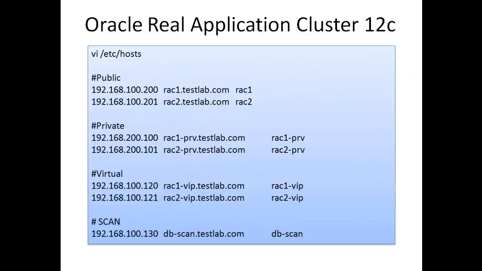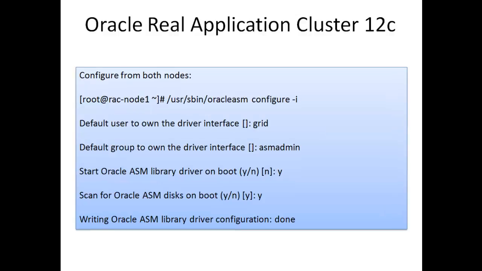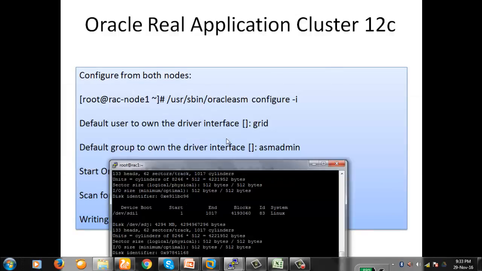We also configured ASM storage into our server and discovered the ASM remote disk, which is in OpenFiler. We discovered the disk devices and created primary partitions for those devices. And then we rebooted.